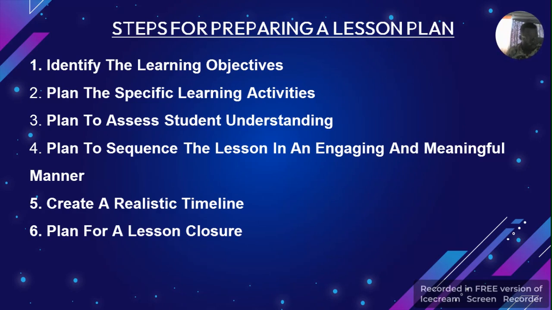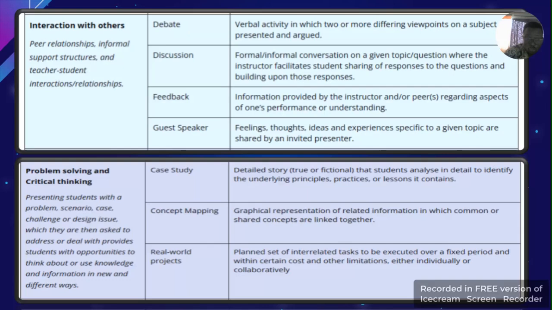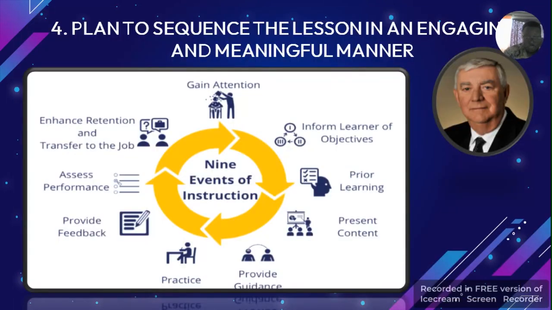So, according to Robert Gagné, who proposed a 9-step process called the events of instruction, which is useful for planning the sequence of your lesson. Gagné has the 9 events in conjunction with Bloom's taxonomy. So if you look at the Bloom's taxonomy on your screen, this is what he proposed. That's the man on your screen over there, Robert Gagné.